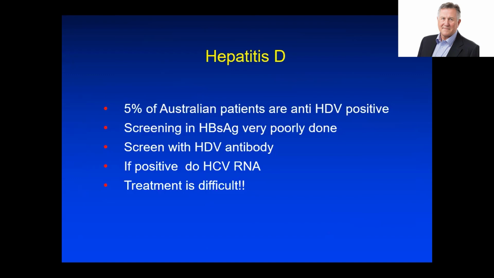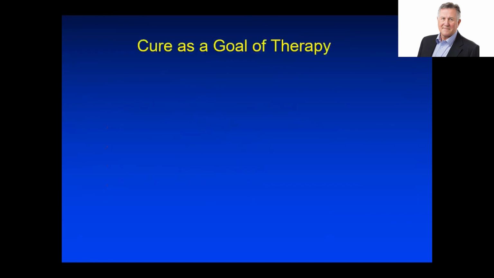And if it's positive, you do a Delta RNA, which is the genetic material of that virus. The problem is the treatment for Delta, if you need to go down the path of treatment, is incredibly difficult, and it's probably beyond the scope of our discussions today. But I think it's something we should at least do to identify those patients. Next slide, please.